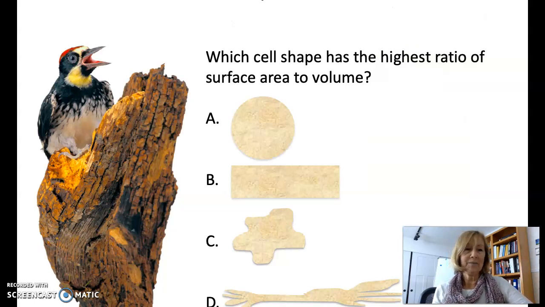All right, and when I do my face-to-face class, we use this as a clicker. Here we can just do it to think about it. Which of these would have the highest ratio of surface area to volume? So if cells looked like A, B, C, or D, think about it for a little bit, and which would you pick? You want the one with the greatest surface area.